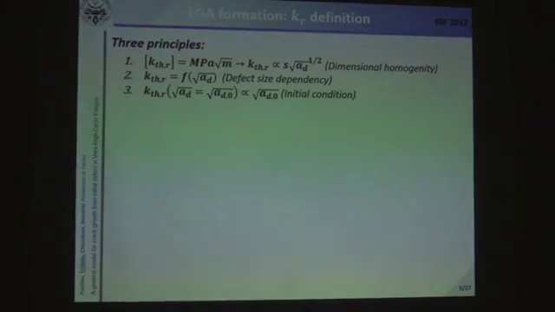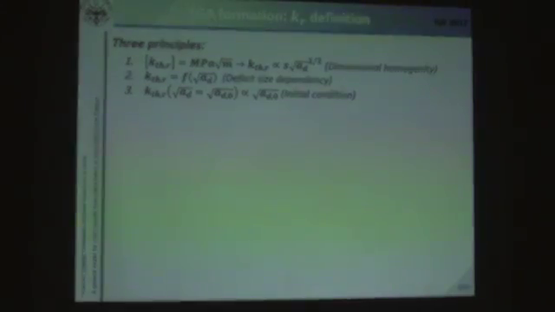The formulation that we propose for the K reduction is very simple and is based on very simple assumptions. It must fulfill dimensional homogeneity. It can depend on the defect size, and it must be proportional to the initial defect size.